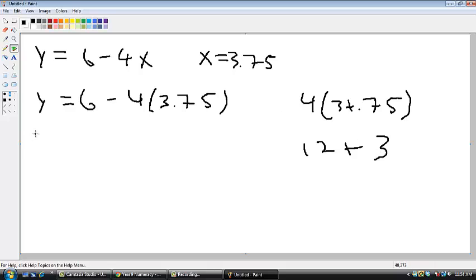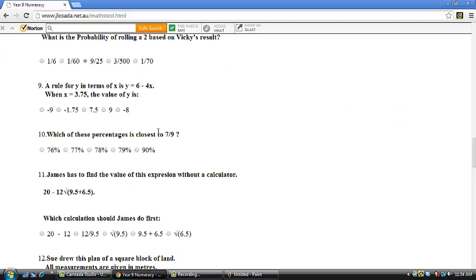So we have that y is equal to 6 minus 15, or y is equal to minus 9. So our answer is minus 9.